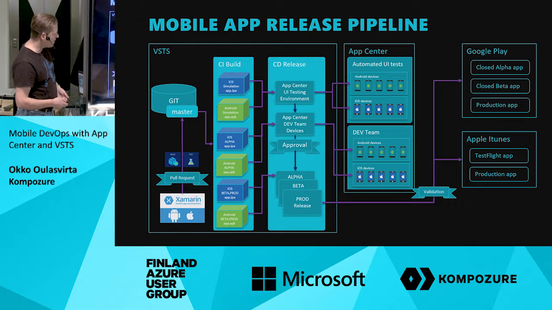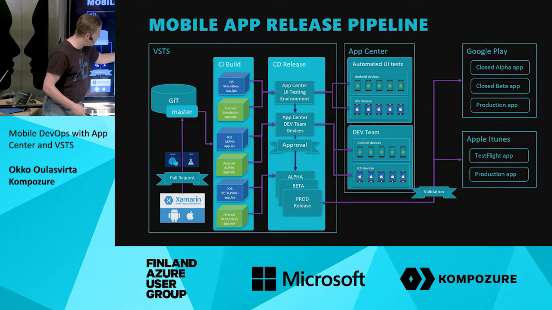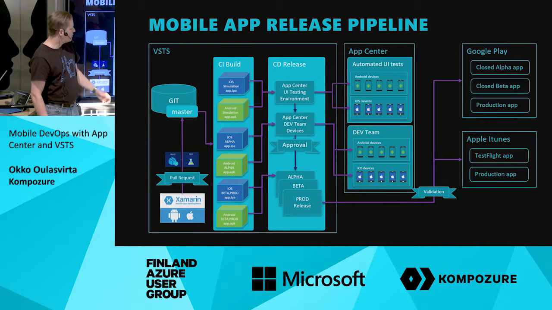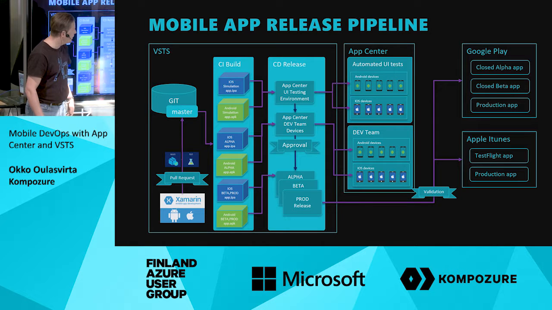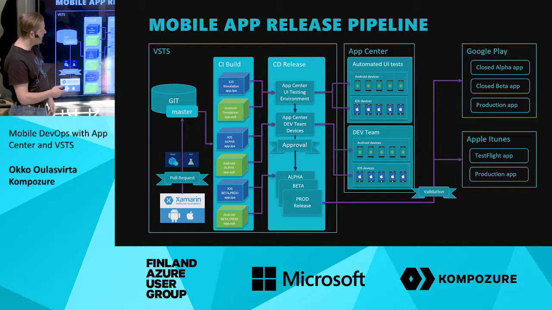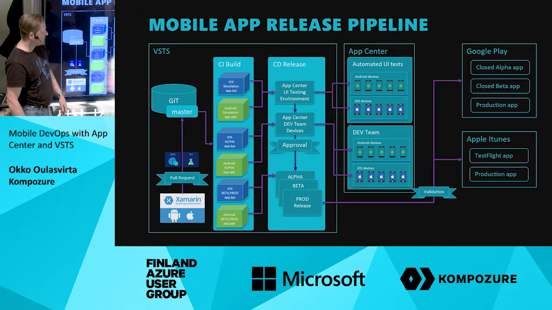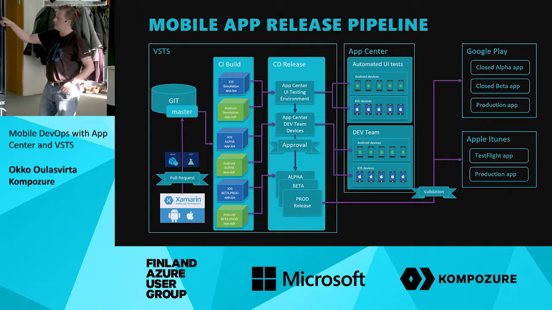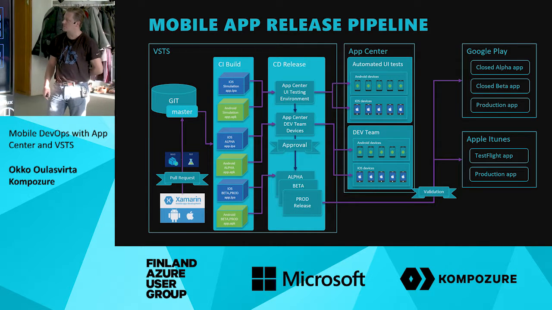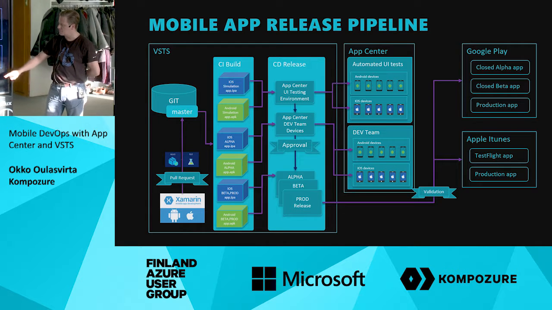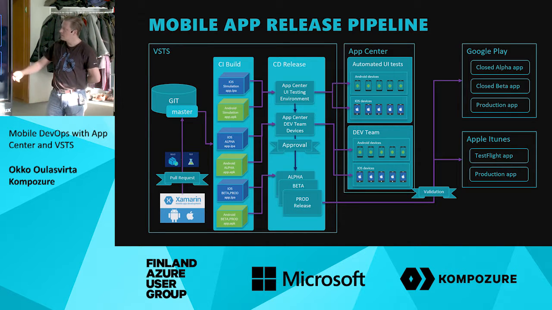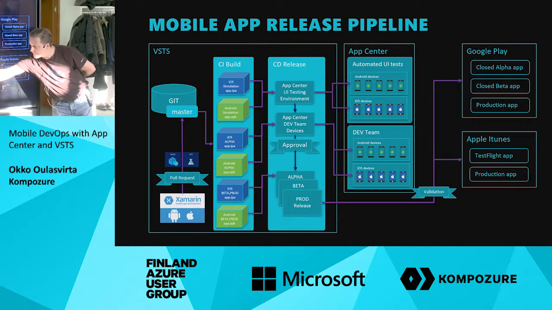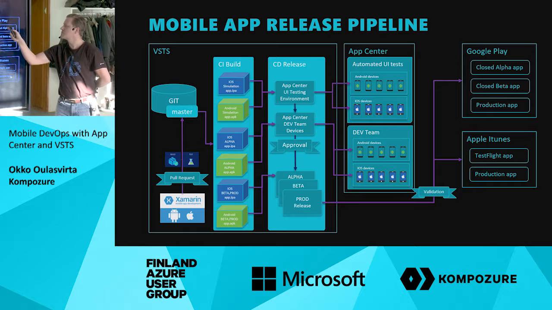So then we just automate that one, so we can see visually from the pipeline to deployment which version is in which environment, and we can have, as I said, these closed testing channels in Google Play and in Apple iTunes, the TestFlight. And in Visual Studio Team Services, you can actually have a different release going to each channel.